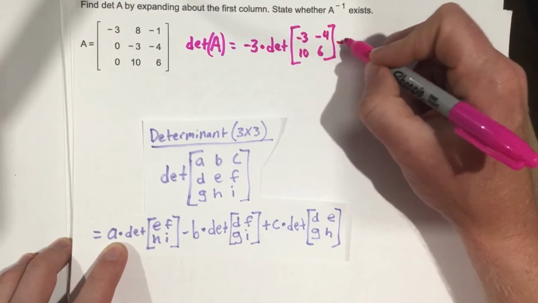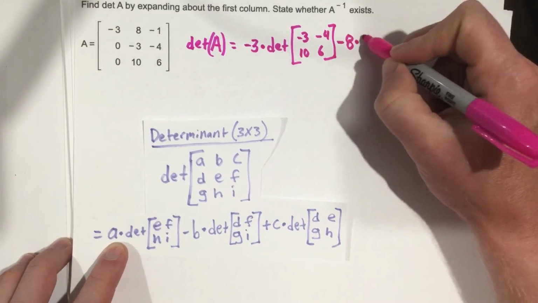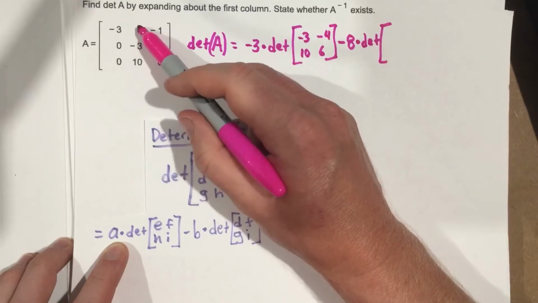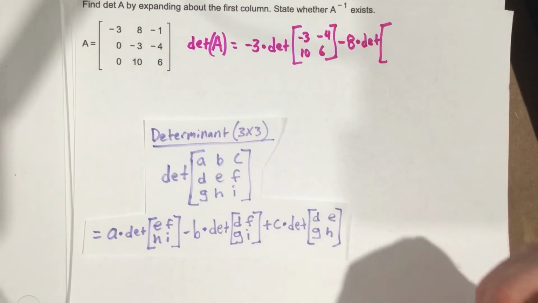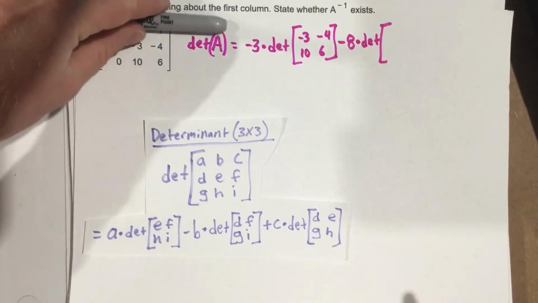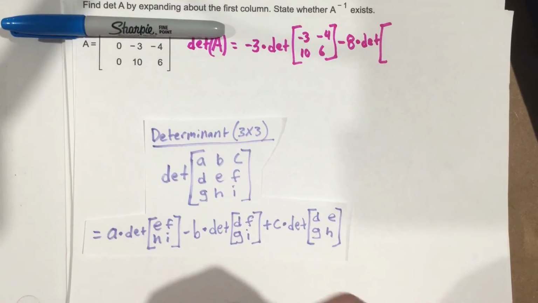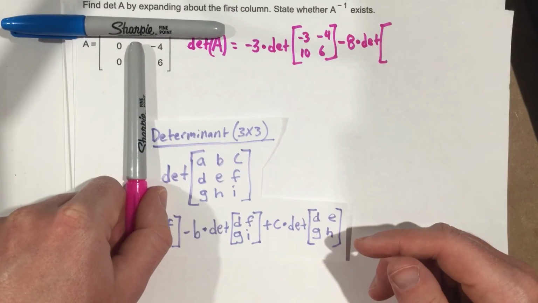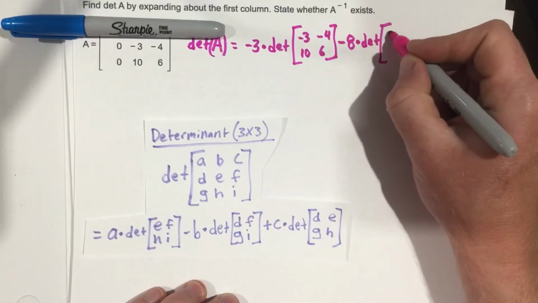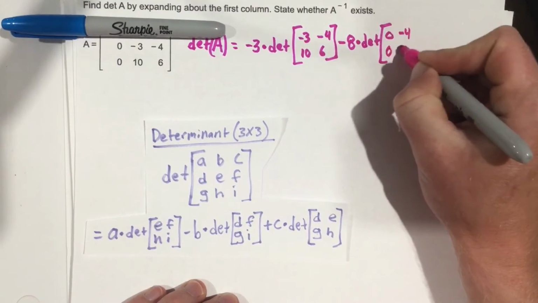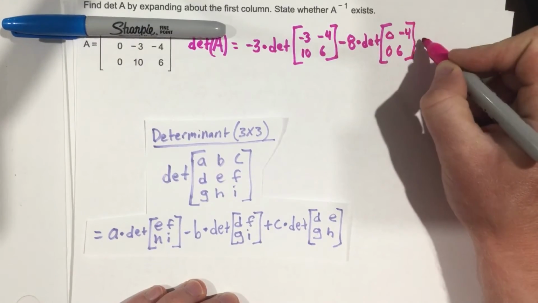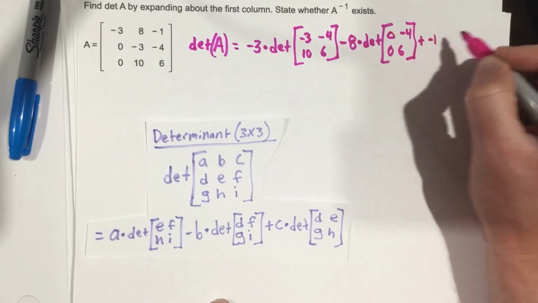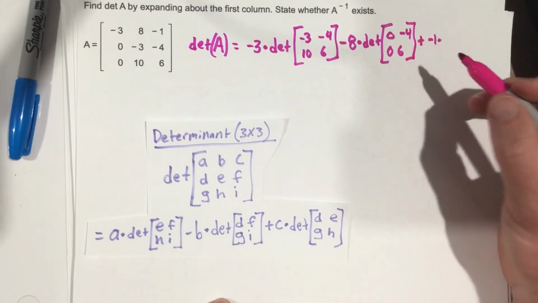And then minus 8 times the determinant of, when we block out this row and this column, we get 0, negative 4, 0, 6. So let's go ahead and write that: 0, negative 4, 0, 6. And then plus negative 1 times its determinant.